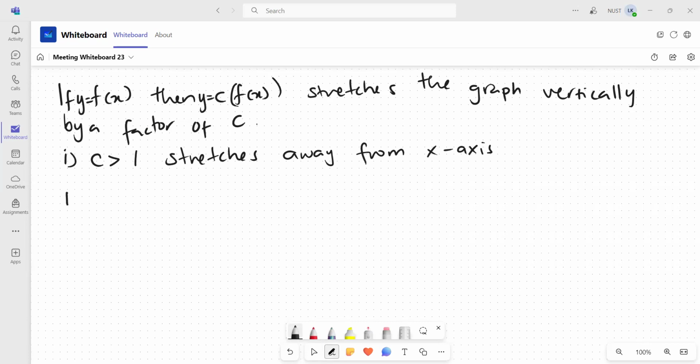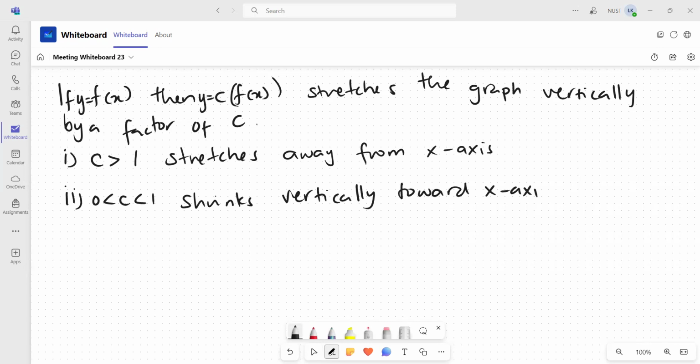And then if c is between 0 and 1, then it shrinks vertically towards the x-axis, so it more like compresses it, it gets closer to the x-axis. And then if c is less than 0, there's two things happening actually.